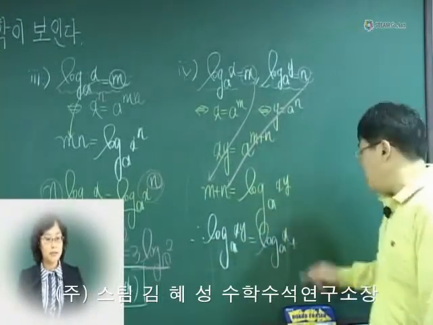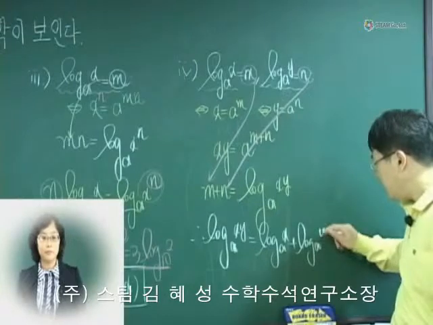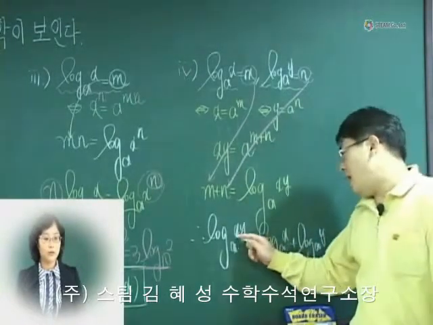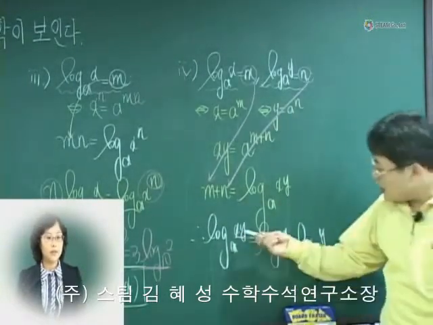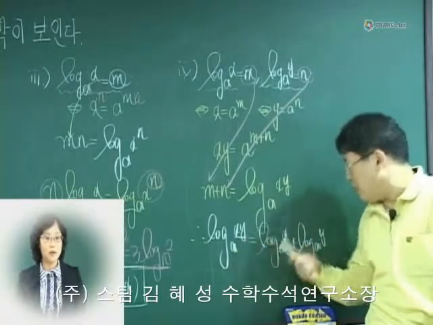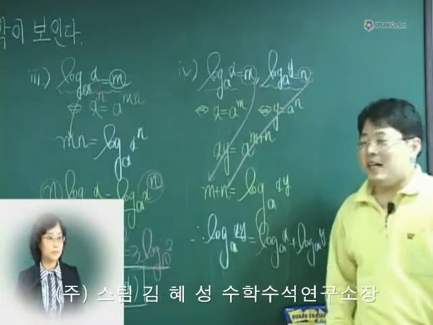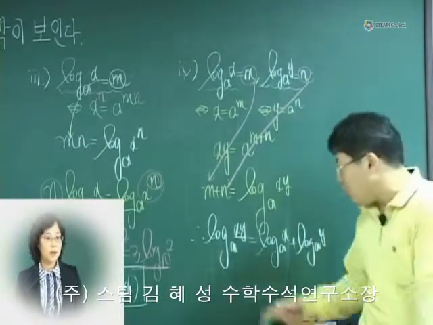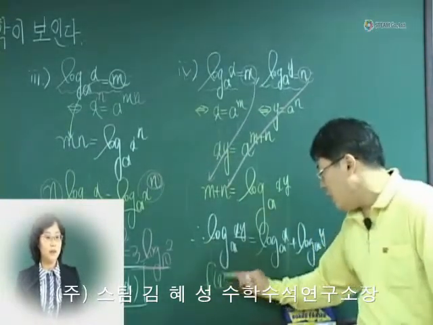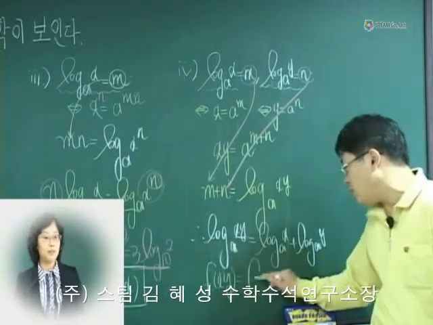Log base a of y. Oh, the multiplication of the anti-logarithm becomes addition. Apply this to the functional form: f of xy equals f of x plus f of y.